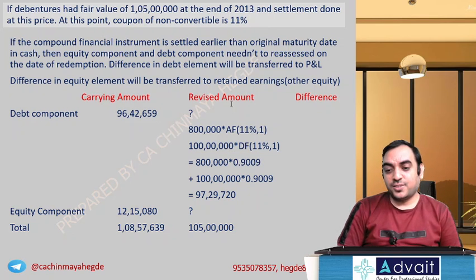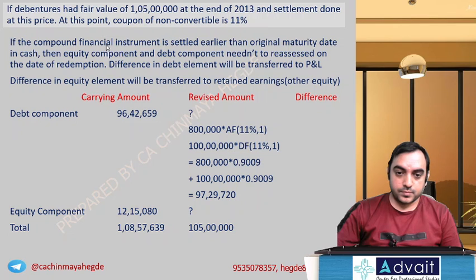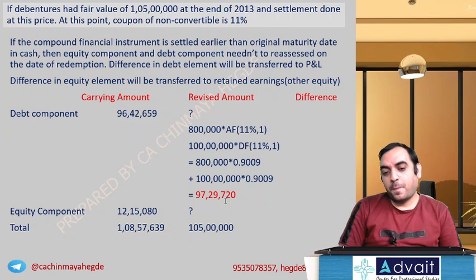Is the amount correct? 97,29,720. The amount fine?